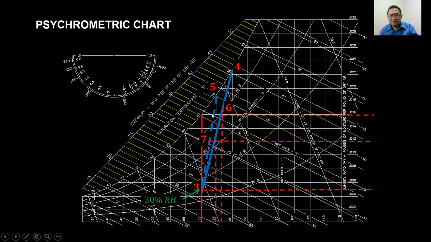So as the demand for humidity reduces, the temperature here is lower, and the air temperature will settle at point 7, and you will also have lesser humidity, lesser moisture per pound of dry air.